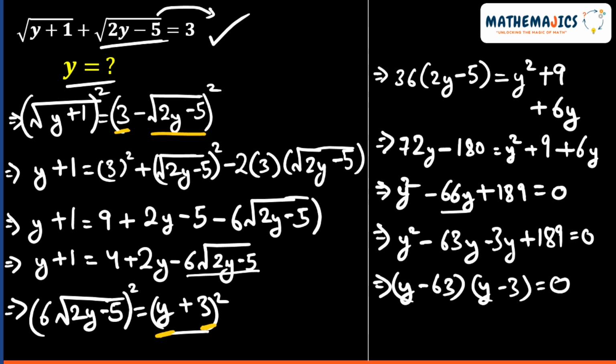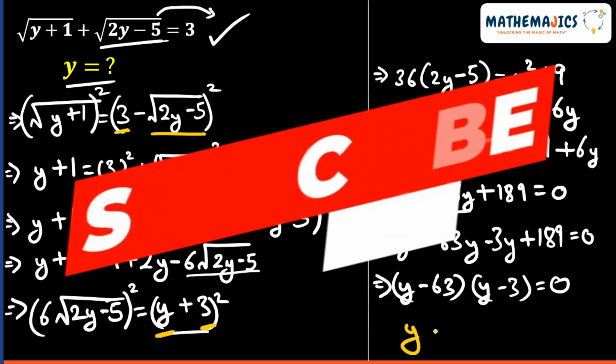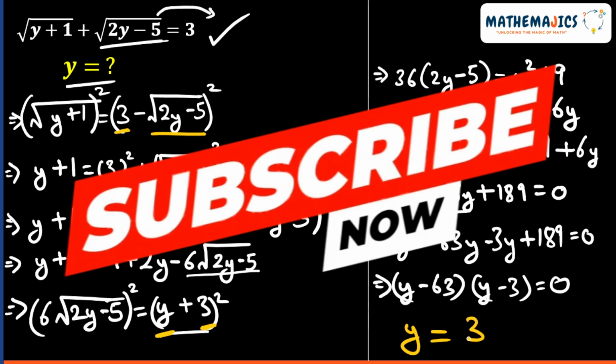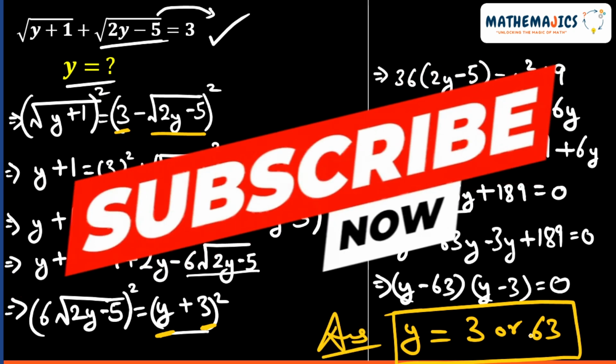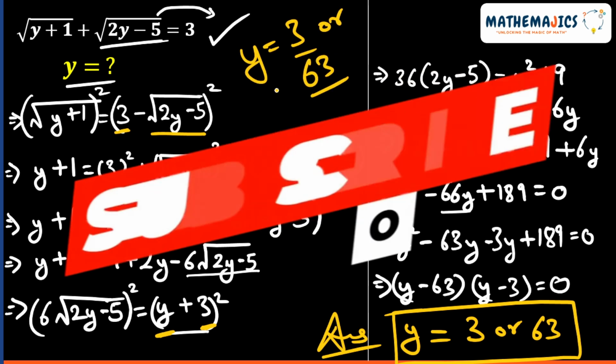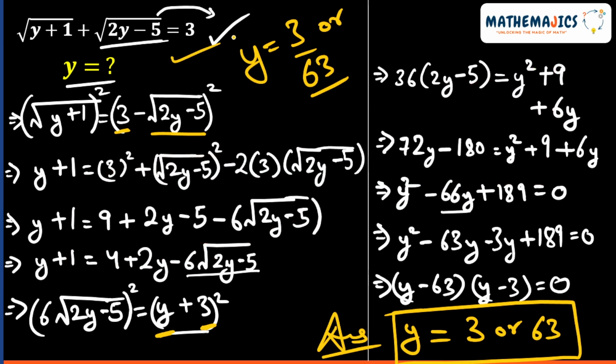So what will be the value of y that we will get from this step? We will get y is either 3 or 63. So this will be the value of y. This will be our final answer. Y is either 3 or 63. Both of these values of y will be satisfying this equation.